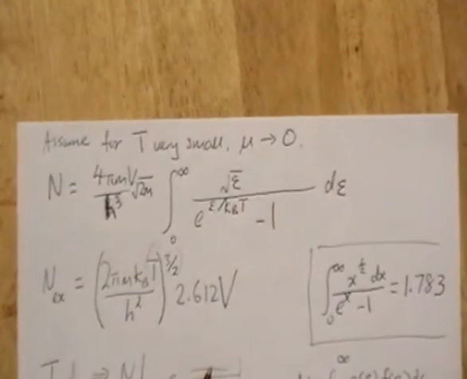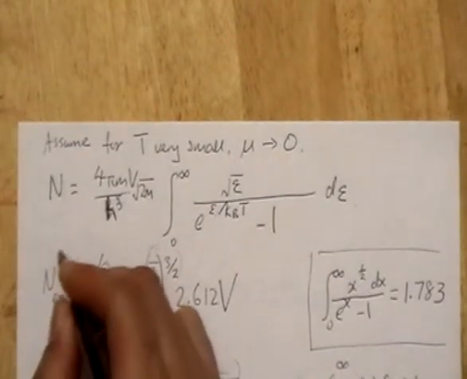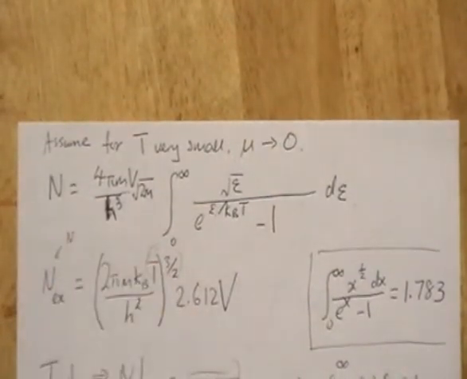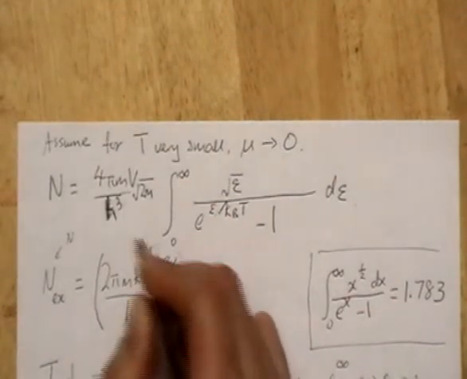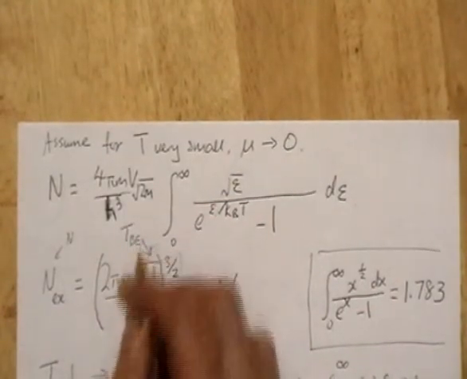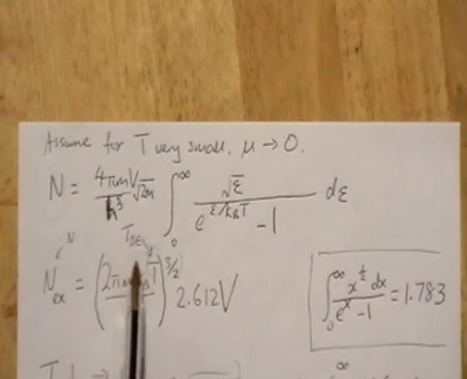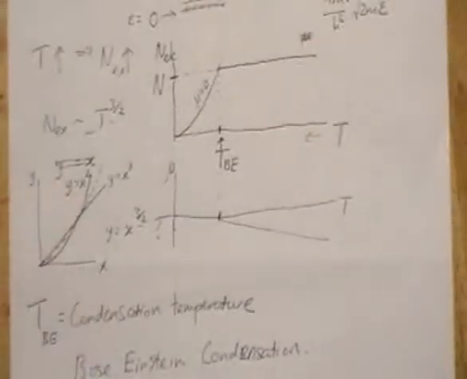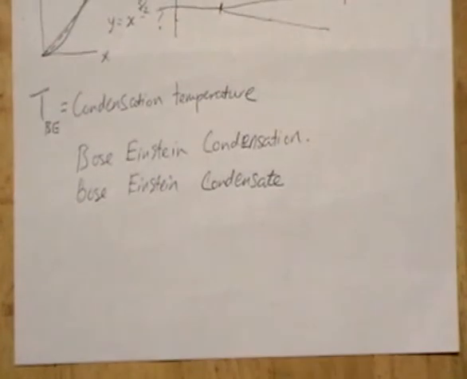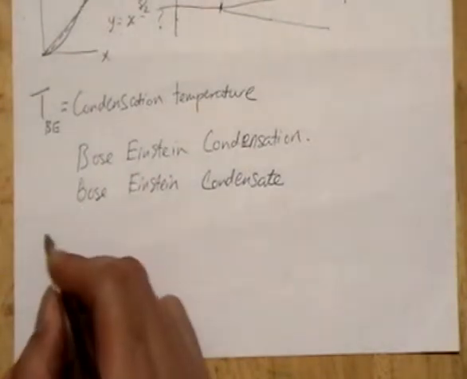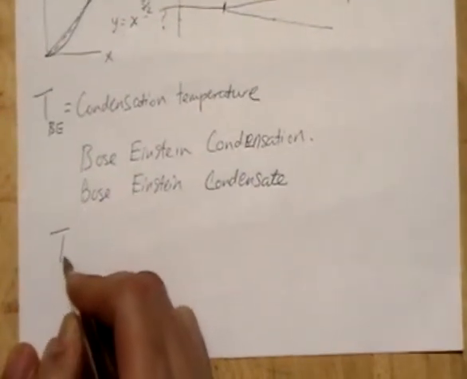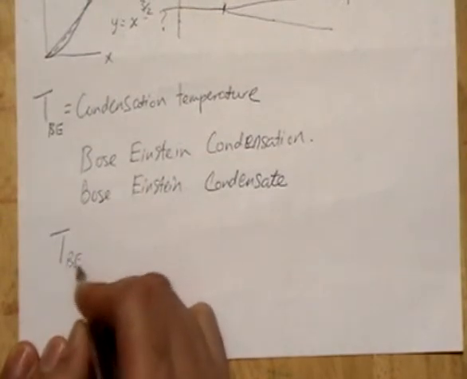Let me make that clear. If I set N_EX to N, then the T there would be T_BE. So we make the substitution and then we solve for T_BE. Let me just write down the answer. And this is what the solution for T_BE looks like.